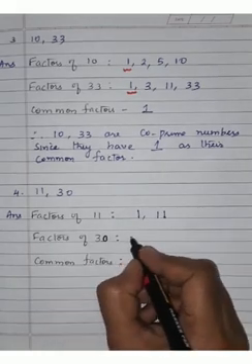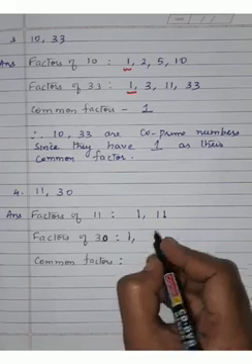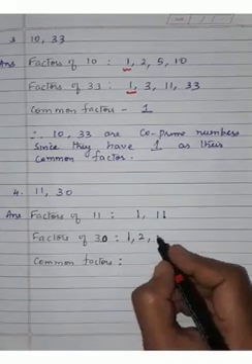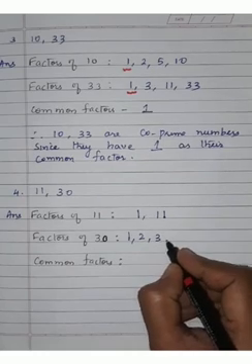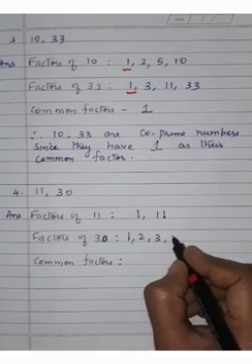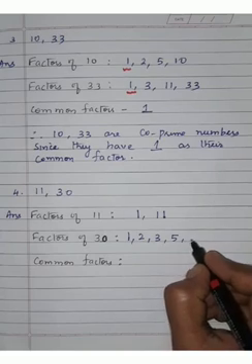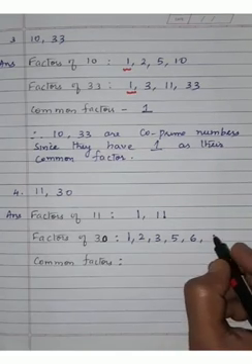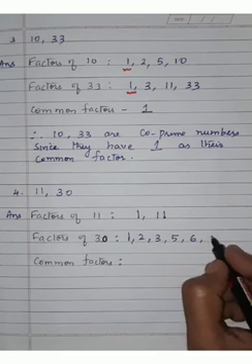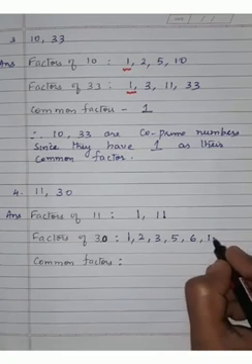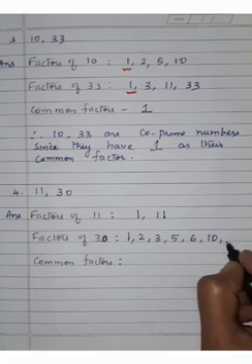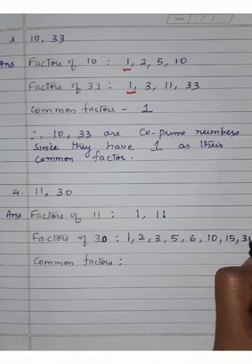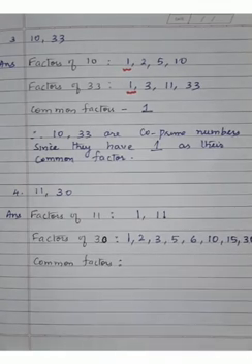Whereas factors of 30: in the 1 table it comes, then 2 15s are 30, then 3 10s are 30, 4 doesn't come, 5 6s are 30, 6 5s are 30, 7, 8, 9 don't come, 10 3s are 30, then 15 2s are 30, then 30 1s is 30.